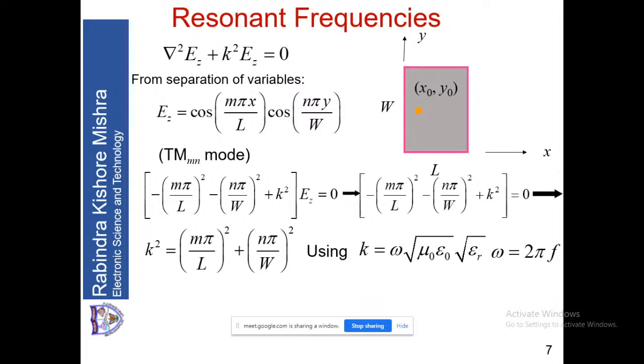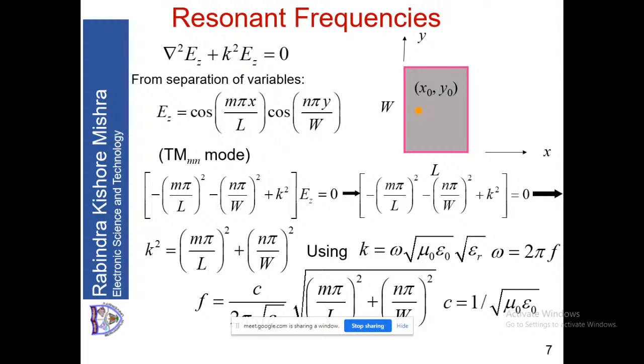Use all these values. For k, put omega root mu 0 epsilon 0, which is 1 upon c, root epsilon r. Then for omega put 2 pi f. From that you can find out what f is. So f will be c upon 2 pi root epsilon r, into root of (m pi by L) square plus (n pi by W) square, and c is equal to 1 upon root of mu 0 epsilon 0.